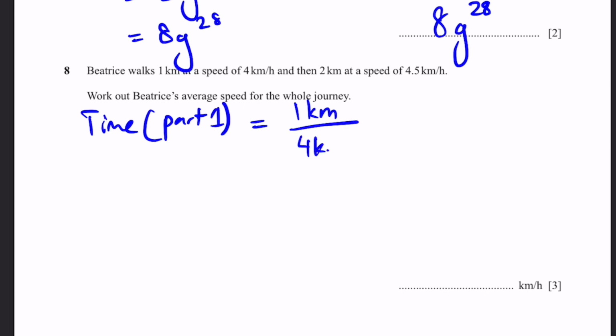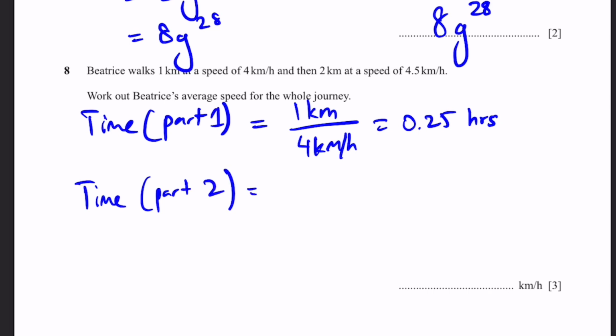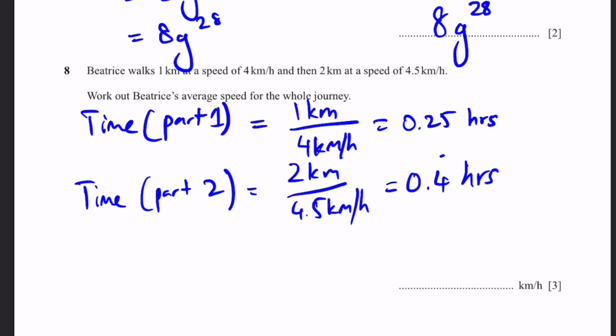So 1 kilometer by 4 kilometers per hour, which is 0.25 hours. So time taken for part 2 will be 2 kilometers by 4.5 kilometers per hour. That will be equal to 0.4 recurring hours, 0.44444444, it just goes on.